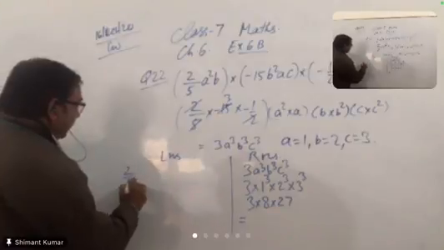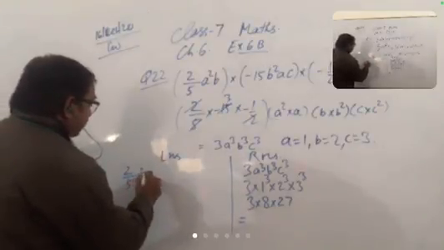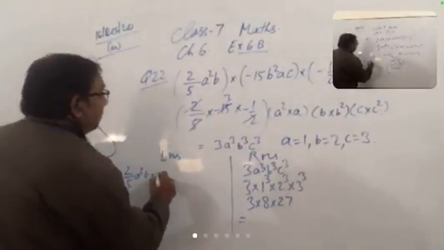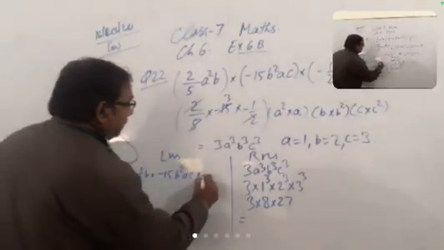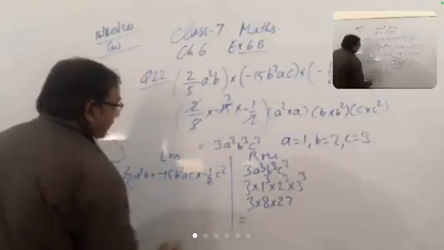2 upon 5 a square b multiplied by minus 15 b square ac multiplied by minus 1 by 2 c square.